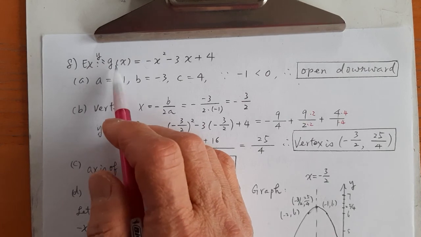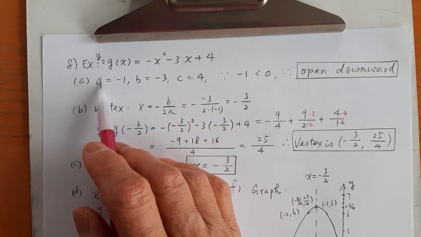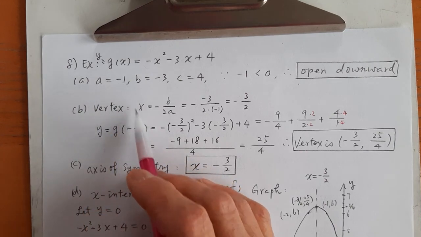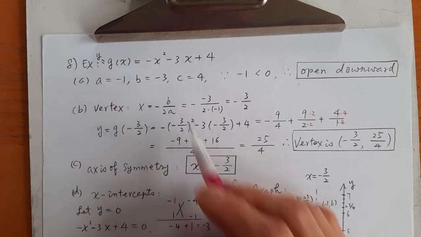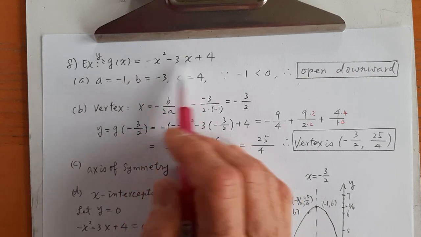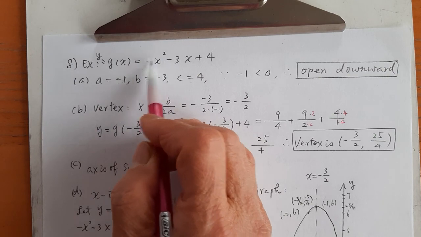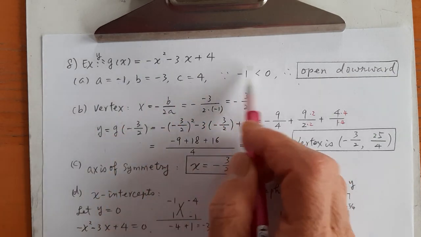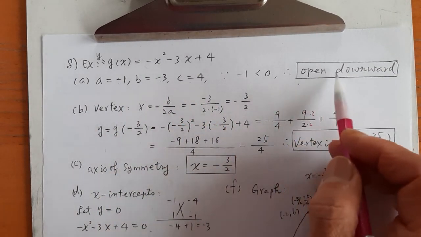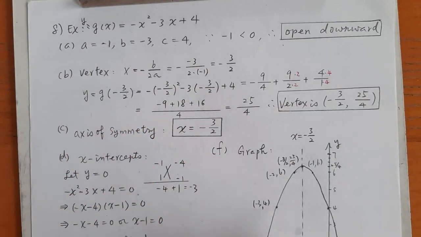If a is positive, the parabola opens upward. And if a is negative, the leading coefficient is negative, the parabola opens downward. Since in this example the quadratic function has -1 times x squared, -1 is negative, less than 0. So it opens downward. B, find the vertex.